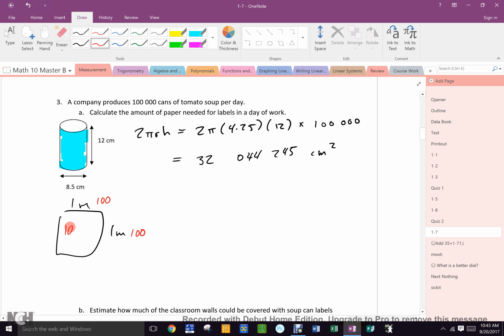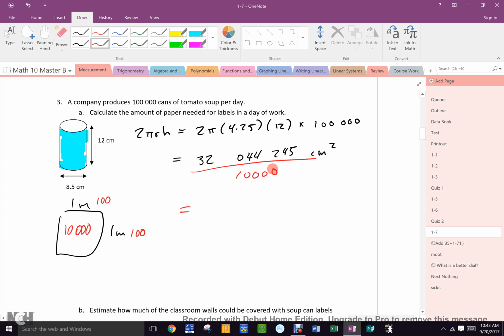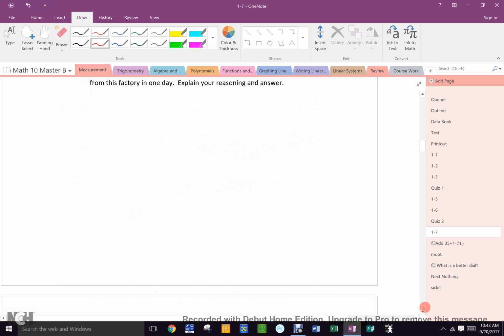So this is 10,000, yes? So if I divide that by 10,000, I'm going to get meters, aren't I? How many decimal places do I get to move when there's 4 zeros? 4. 1, 2, 3, 4. 3,204 meters squared. Everybody cool?